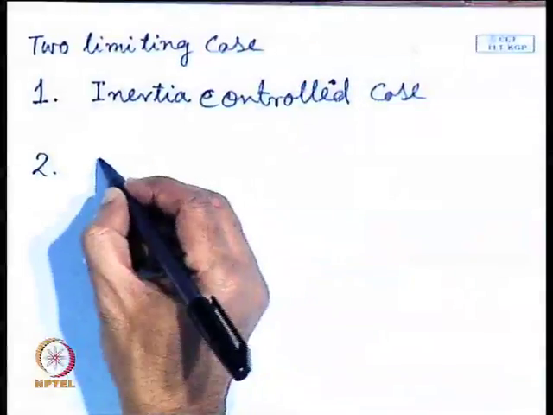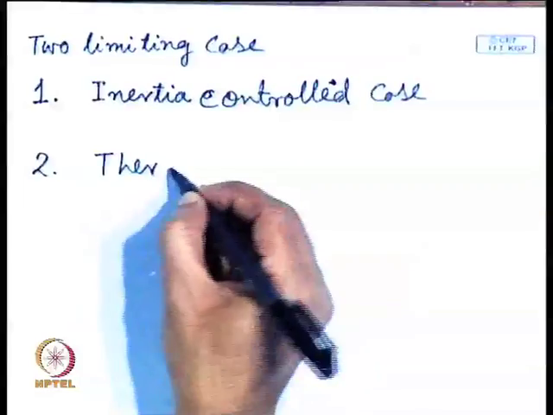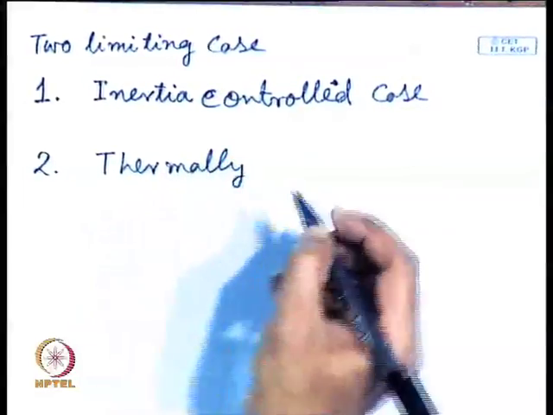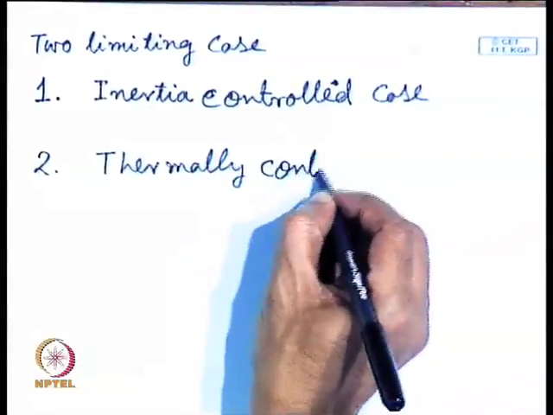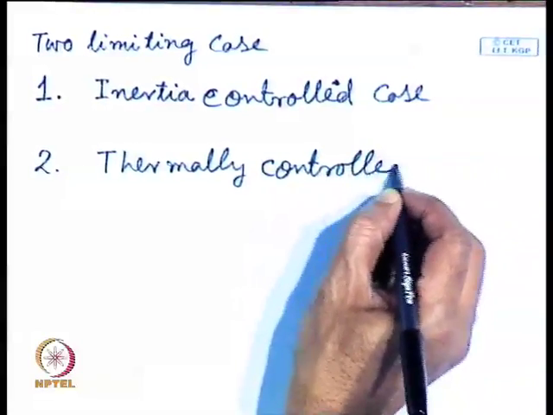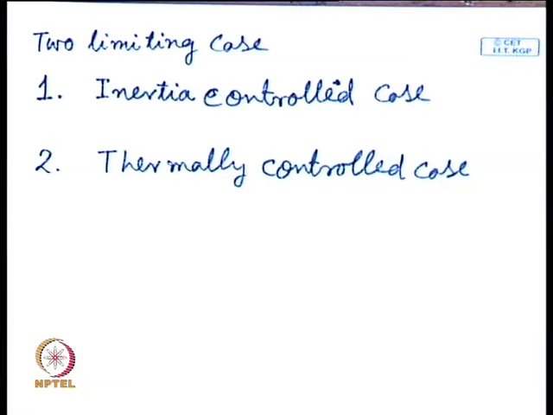Another limiting case is the thermally controlled case. This is the much later stage of bubble growth. At this stage vaporization takes place, and for vaporization, heat transfer from the bulk of the liquid is needed.